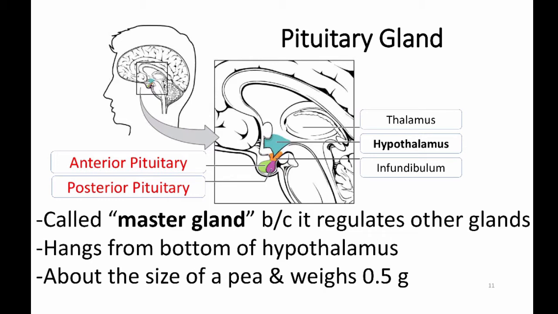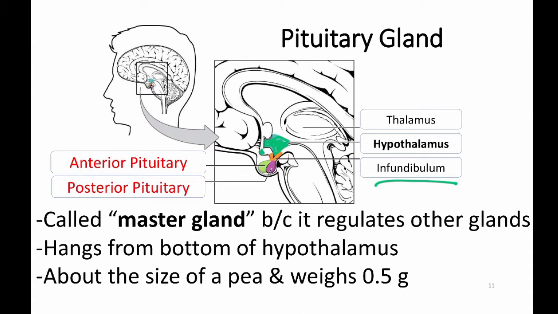If we look at the picture, again, we've got the hypothalamus here. We have the stalk of the pituitary, which is called the infundibulum, and then the anterior and posterior pituitary sitting in the little spot that the sphenoid has made, and then we've got the optic chiasm here.